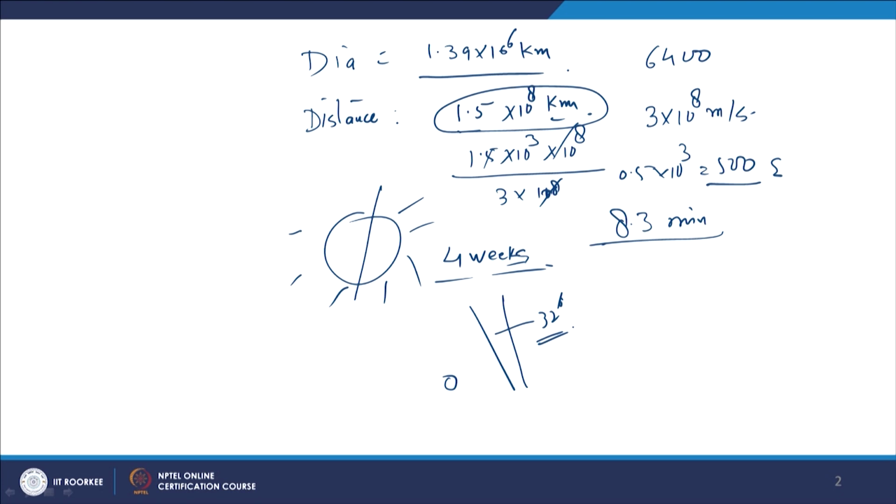Now, the sun does not rotate as a solid body. The sun is not a solid body. At the equator, it takes 27 days, and in the polar region, it takes around 30 days, because the sun is like a fireball.